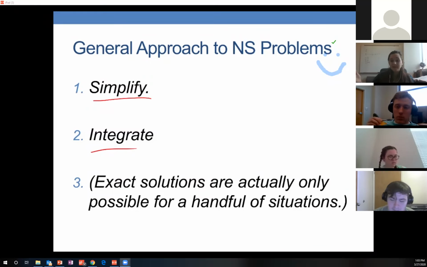I said last time that the most common use of Navier-Stokes is approximate solutions, usually done by a computer to do CFD. But we are going to be looking at some of the situations when you can get exact solutions.